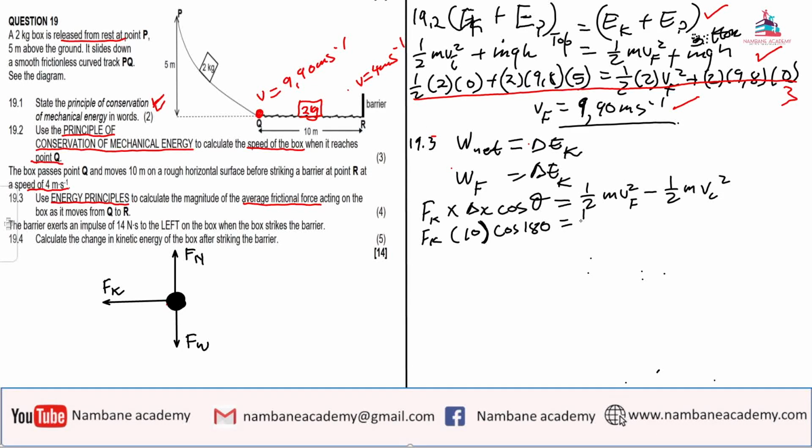Half, and what is the mass? 2. V final, it's 4 squared, minus 2 multiplied by 9.90 squared. Hence, it was important for me to highlight the initial velocity at Q and the final velocity at R.